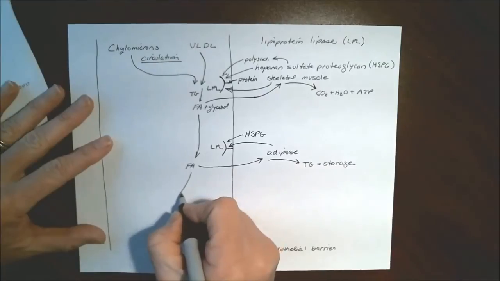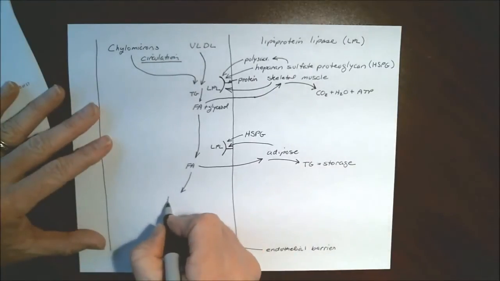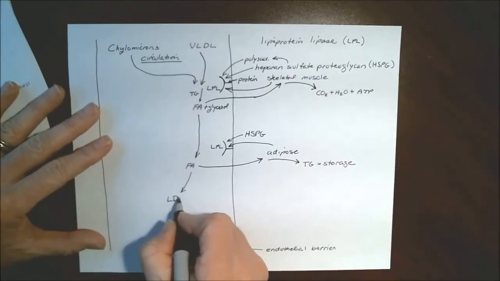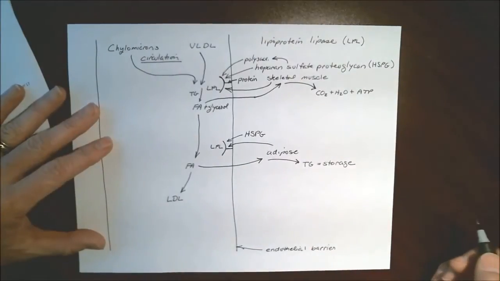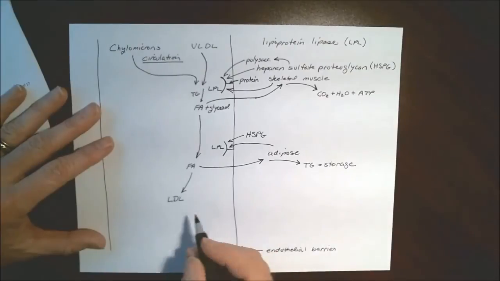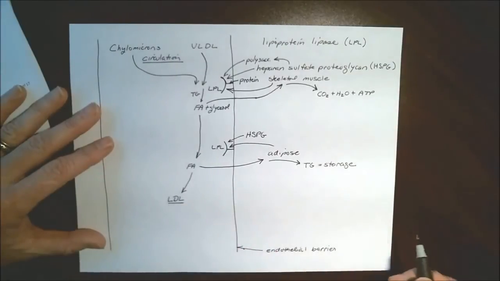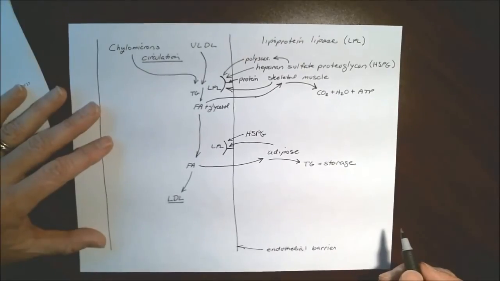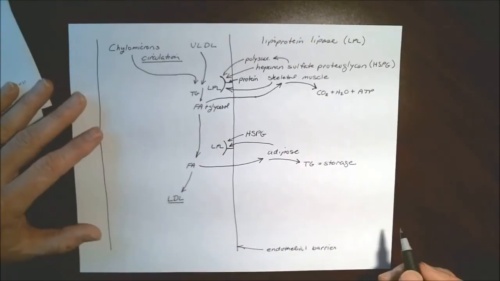After we do sufficient processing, we remove enough lipid so that our lipid to protein ratio drops significantly, and now it becomes an LDL particle. So this is the relationship between VLDL and LDL in the circulation.